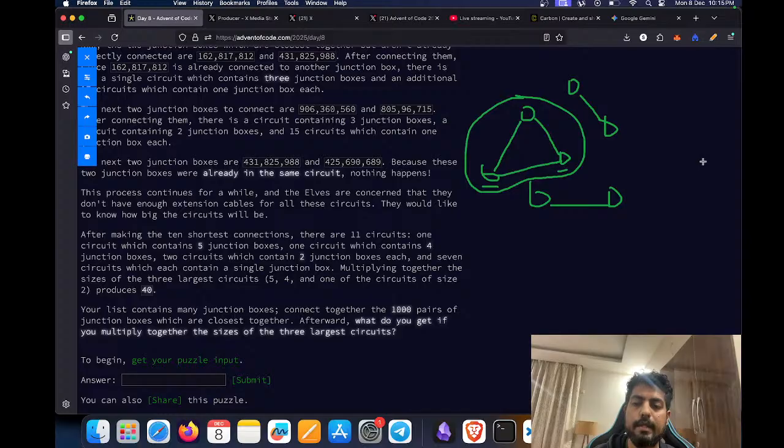Your list contains many junction boxes, so I don't know how many of them there are. And connect together the 1000 pairs which are closest together. So we need to repeat this 1000 times. After that, what do you get if you multiply together the sizes of the three largest circuits? Then we need to take the three largest circuits.